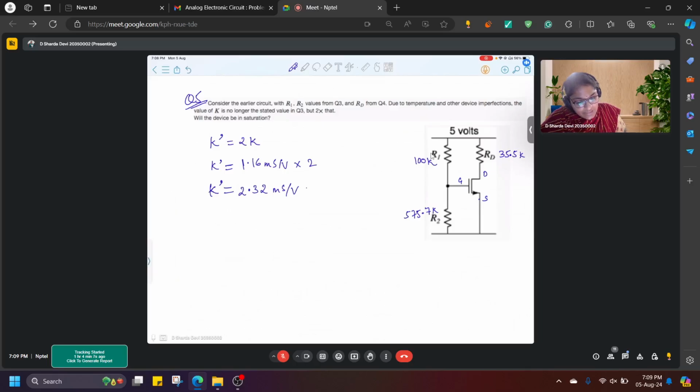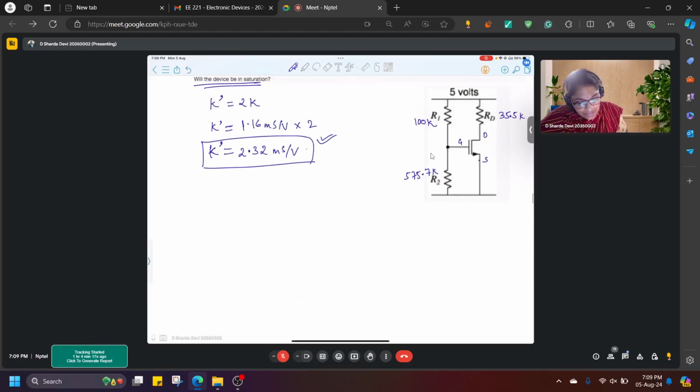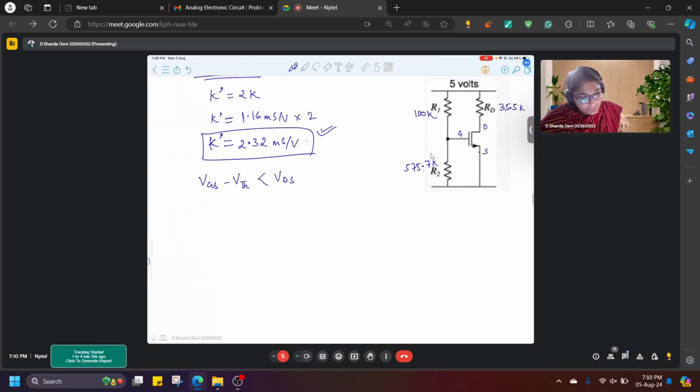So the question is, will the device be in saturation with this new value of K? For saturation condition, we know VGS minus VT should be less than VDS. Now here, what is VDS? VDS is VDD minus ID RD.